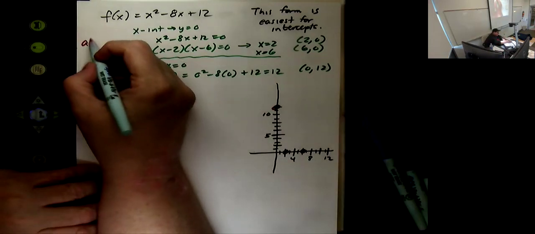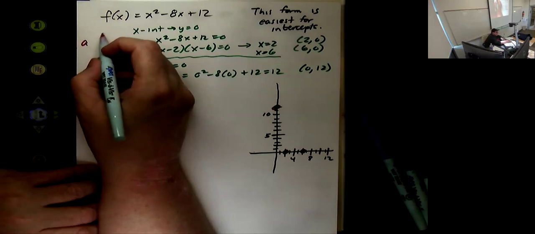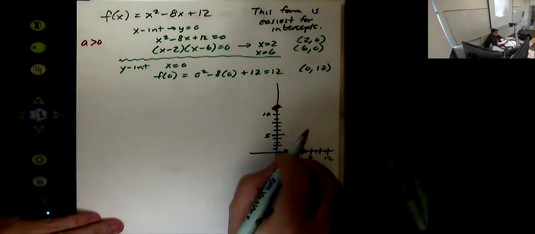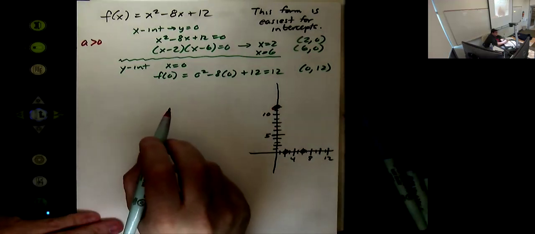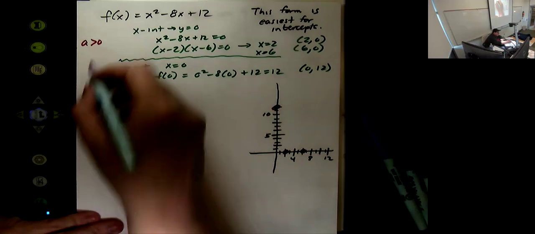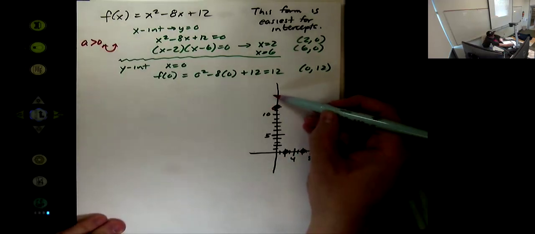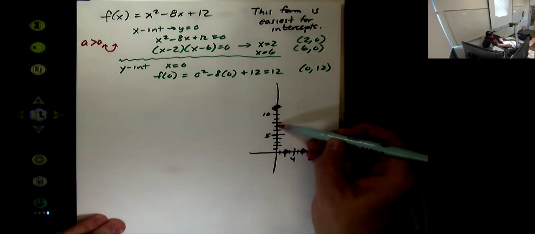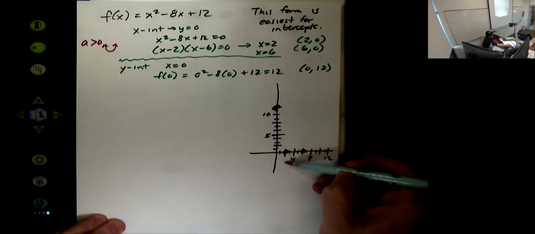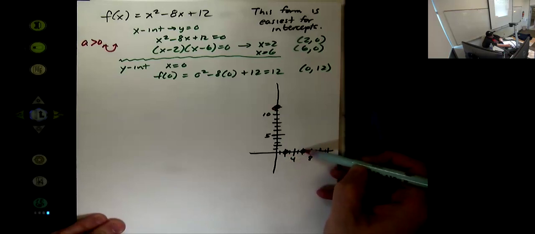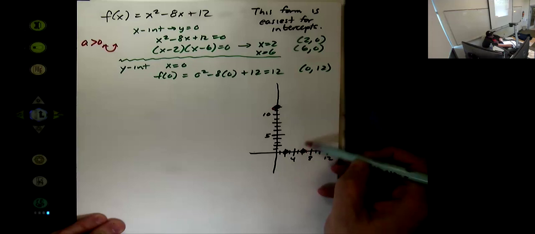A, which is the number in front of the x squared, is positive or negative? It's greater than 0, it's positive, so does it open up or down? It opens up. So it's reasonable to think that this is going to come down like this, cross here, at some point in the middle change directions and start coming back up, cross at 6 and keep going back up.